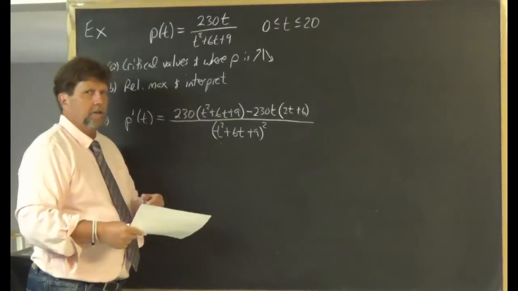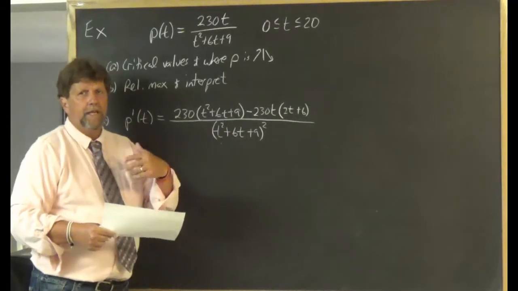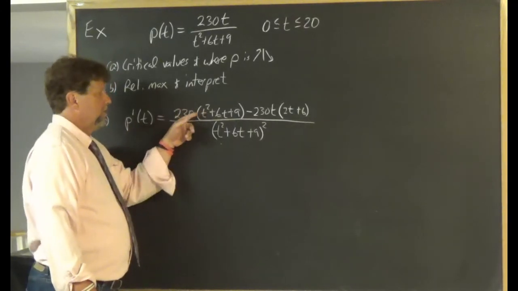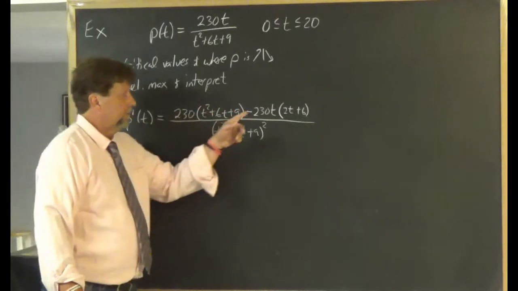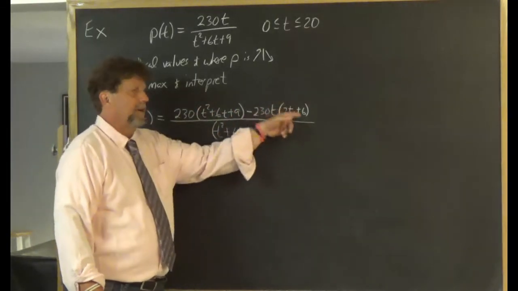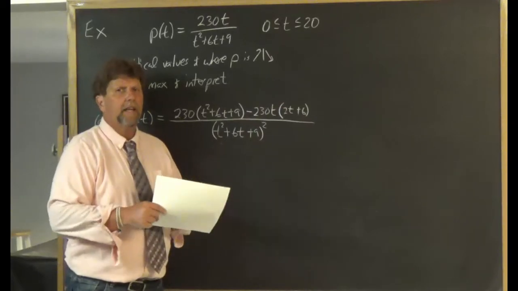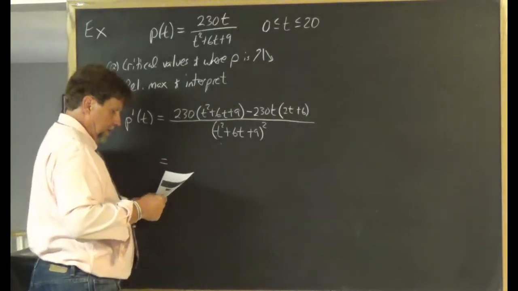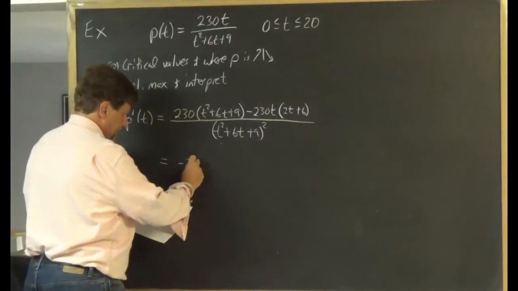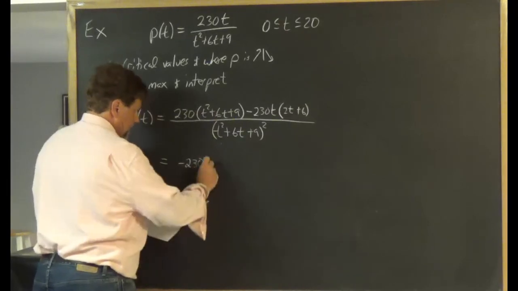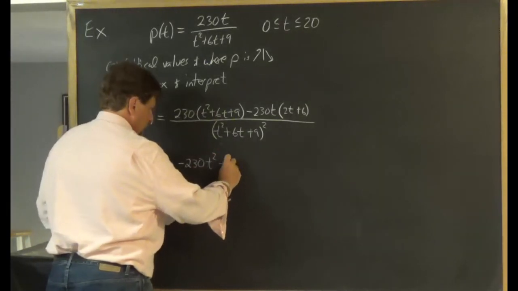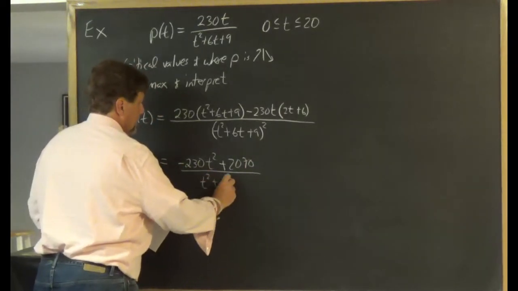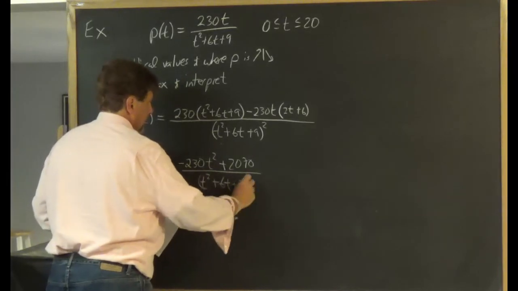So I'm going to tell you what I would do each step, and I'm just going to write down the simplified version. I would distribute this 230, and here I would distribute the negative 230. Then I would combine the like terms in the numerator, and I end up with the numerator simplifying down to negative 230 t squared plus 2070. And the denominator, I'll leave it like that.